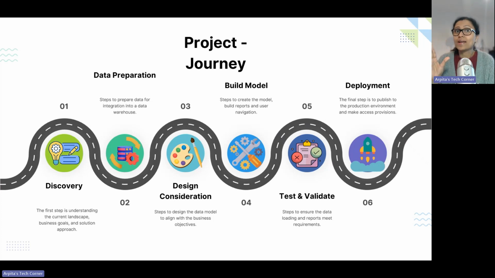And then build the model, where you are creating the model, reports, dashboards, the security implementation and all those things. Then finally you have the test and validation section. Then you have the deployment, where you are deploying to the production environment.